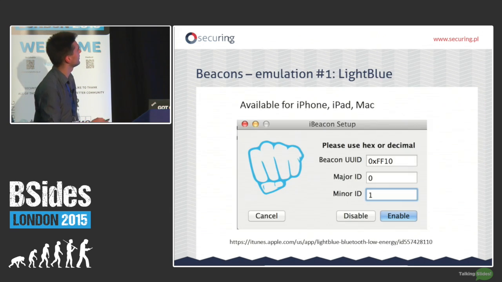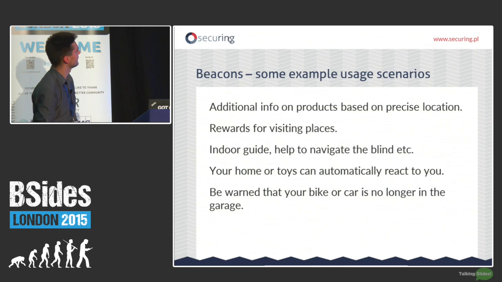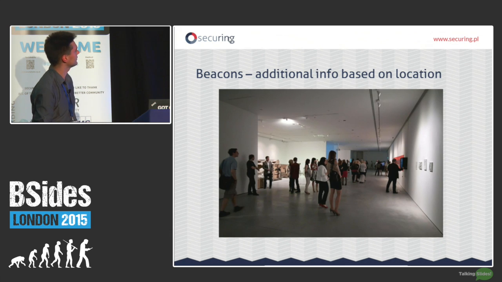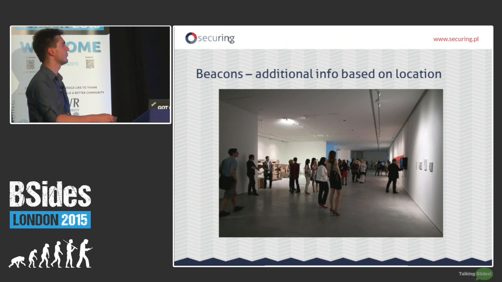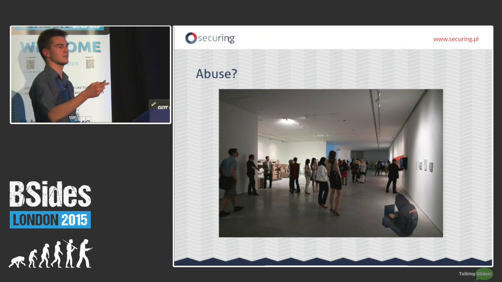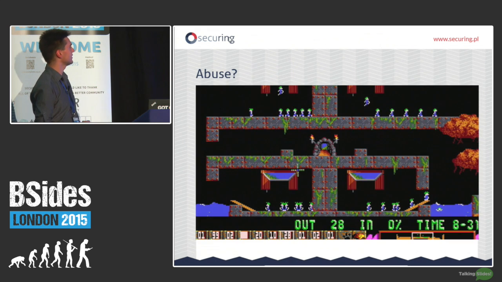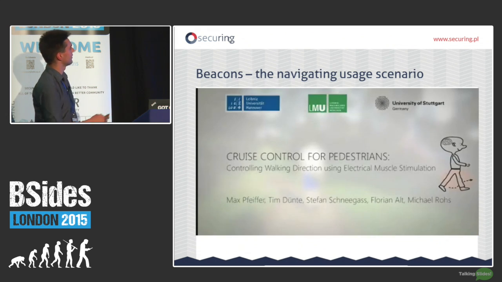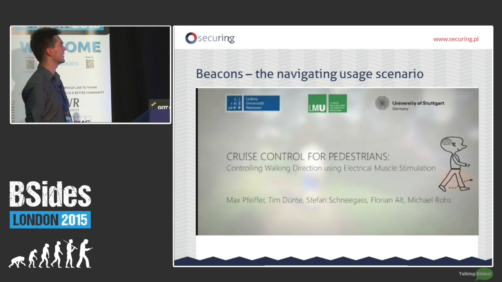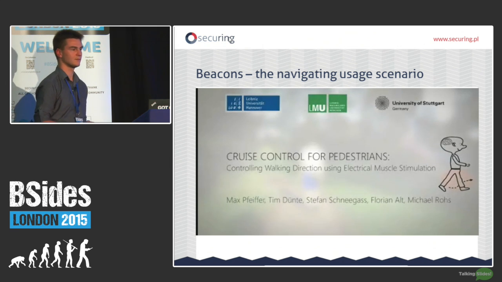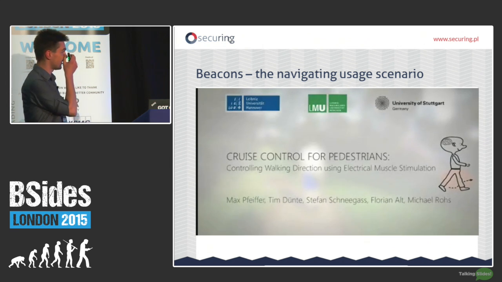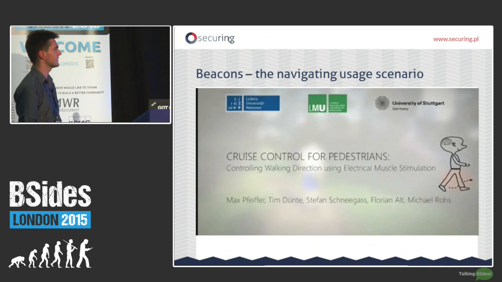There are some slides about Bluetooth, but I want to show you this funny thing. For example, there are NFC tags and Bluetooth tags in a museum, so you can see what is in the image or picture in the museum. That's not very interesting, but there is a thing called cruise control for pedestrians. Has anybody heard about this? It is a Bluetooth device which contains some electrodes.